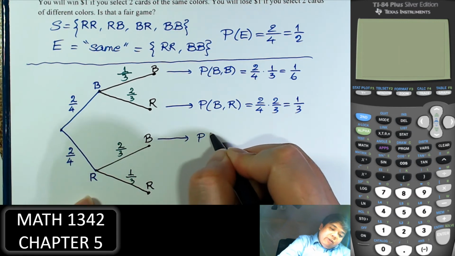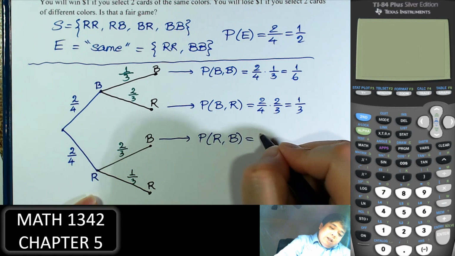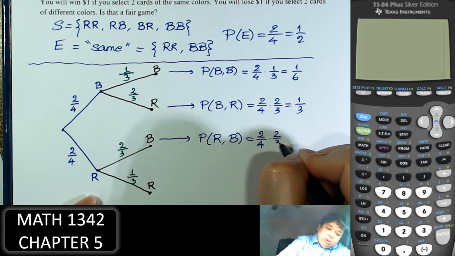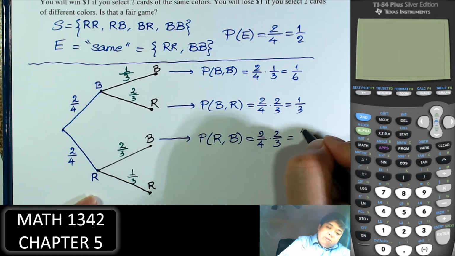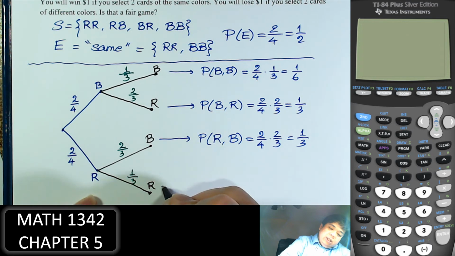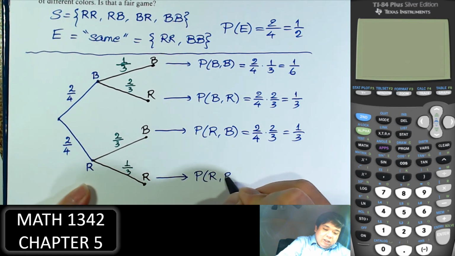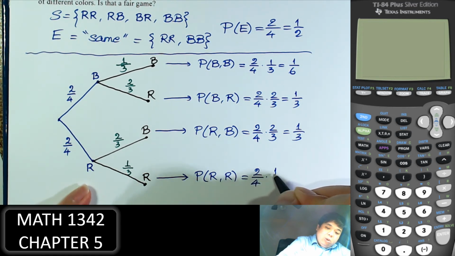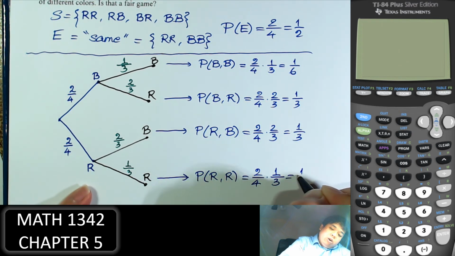Probability that the first one is red and the second one is black: 2 out of 4 to get a red, and 2 out of 3 to get a black. 4 on the top, 12 at the bottom, 1 over 3. And finally, the last one, red and red: we have 2 out of 4 originally. After that, 1 red left out of 3. So 2 and 4 cancel out, 1 over 6.